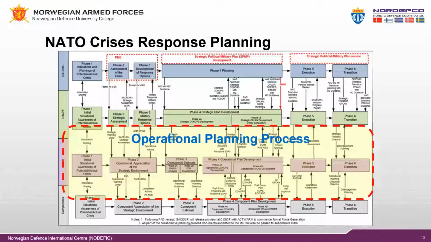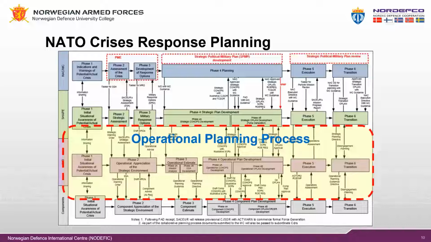NATO's civil emergency planning experts are responsible for providing advice and support to their military counterparts during all phases of the planning process. The NATO Crisis Management Process at the political level and the operational planning process at the strategic level both require adequate response from the operational level.